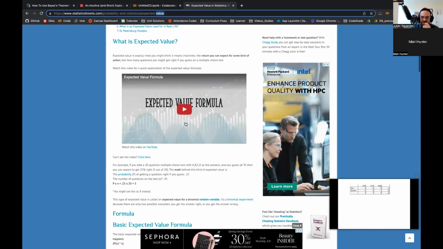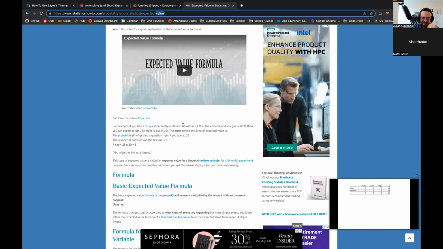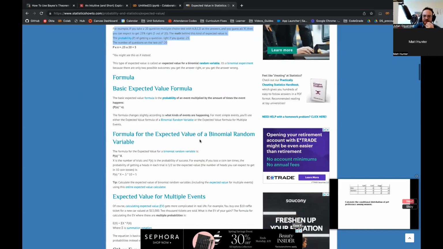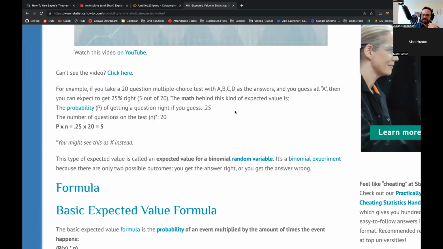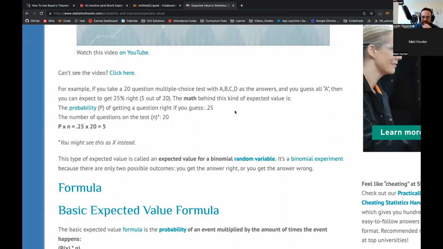Yeah. So the formula itself is, for example, this is the example that I like to refer to: if you are randomly answering a multiple choice question with 4 answers, you can expect to get 25% right just by the probability of getting those values.